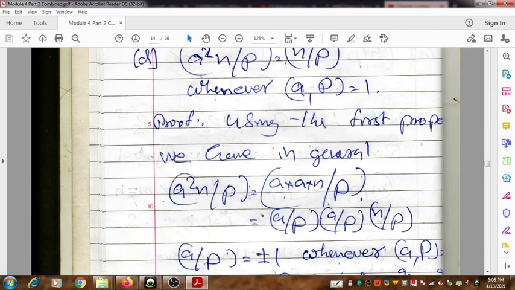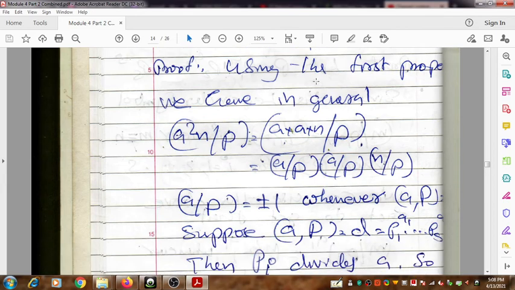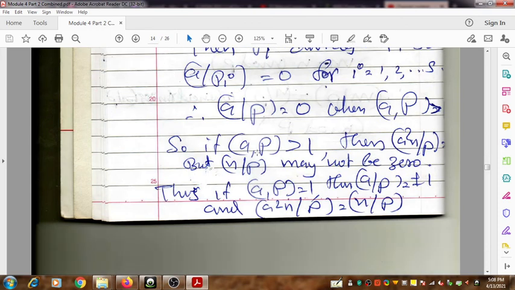So using that, we can proceed with this condition, assuming that the GCD of a and p is equal to 1. Then what do we conclude in that situation?